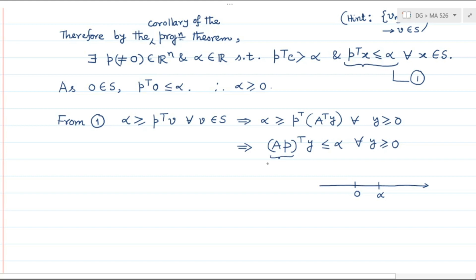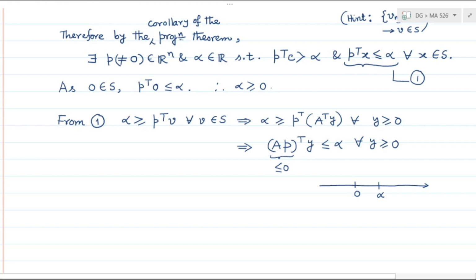Now we note that this is not possible if AP is not less than or equal to 0, because if AP is greater than 0, then you can choose this y arbitrarily large and multiply with the positive quantity AP transpose.